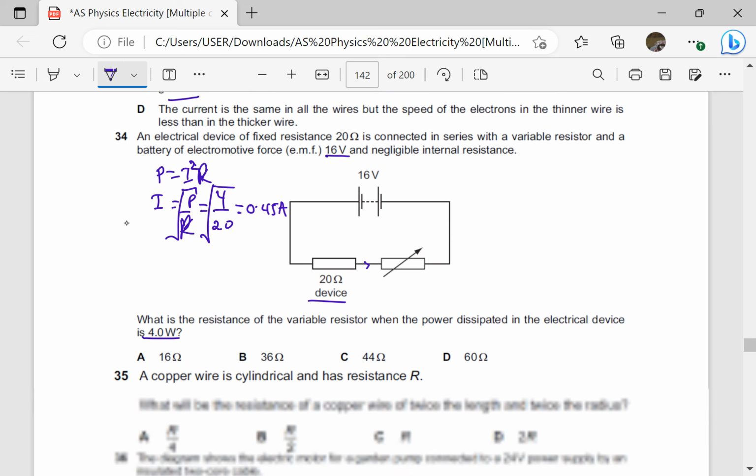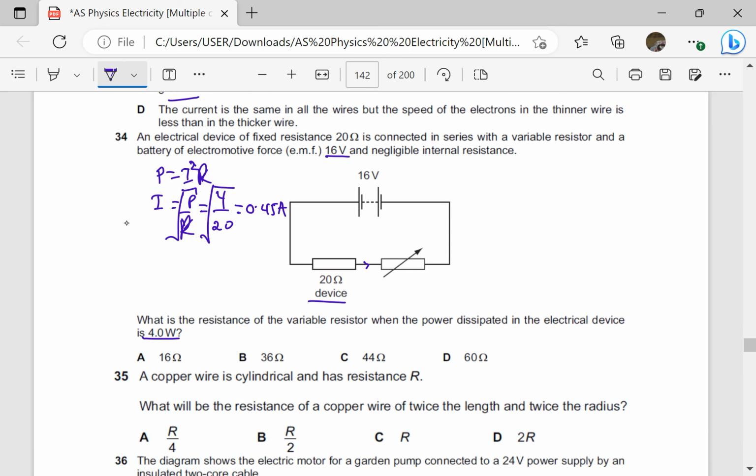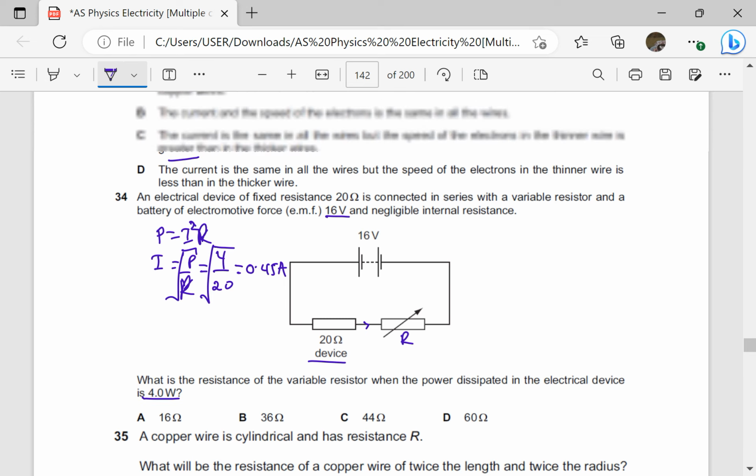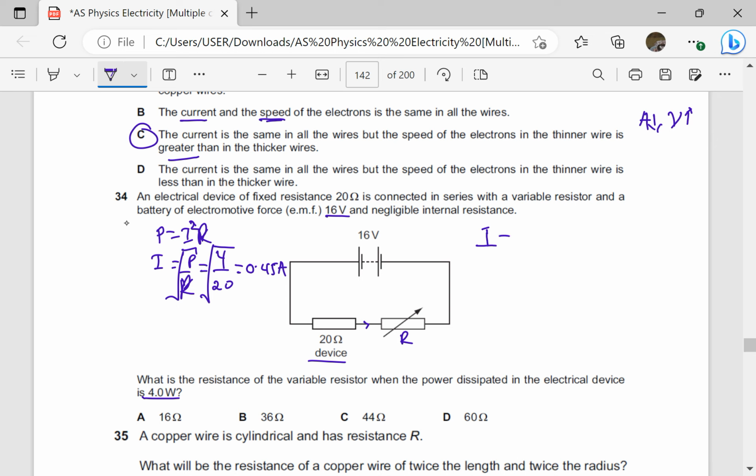What is the resistance of the variable resistor when the power dissipated in the electrical device is 4 watts? The resistance here is R. The current through it is 0.45, so we can now find that resistance. Since I know the current, the current through the circuit is equal to the EMF divided by the total resistance.